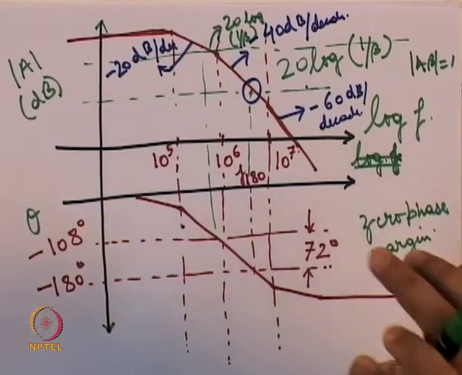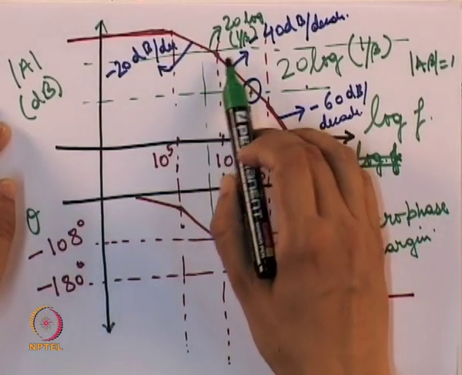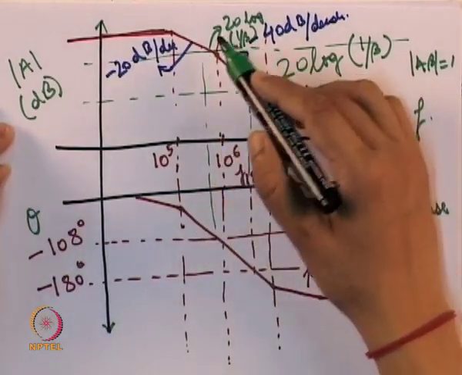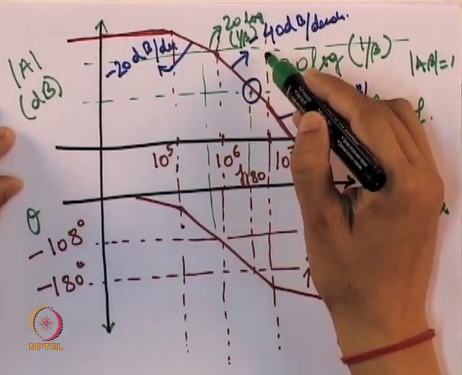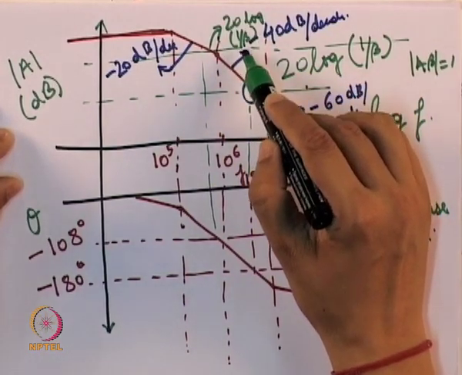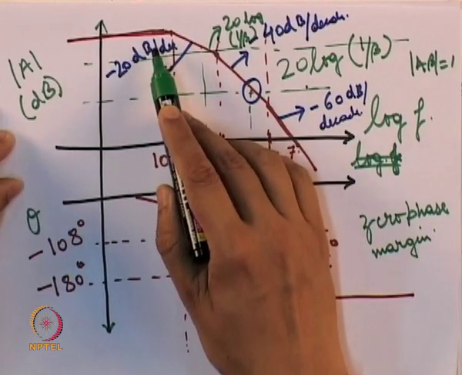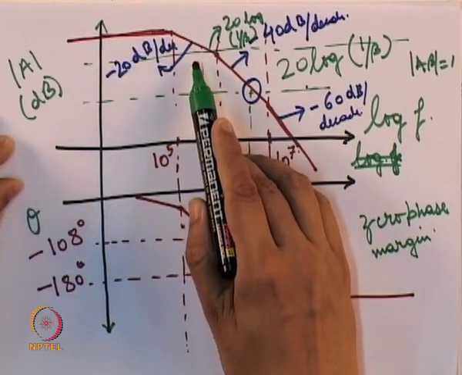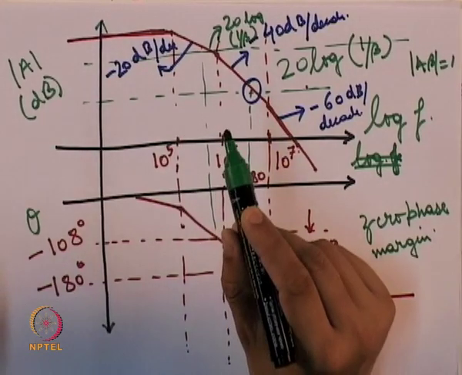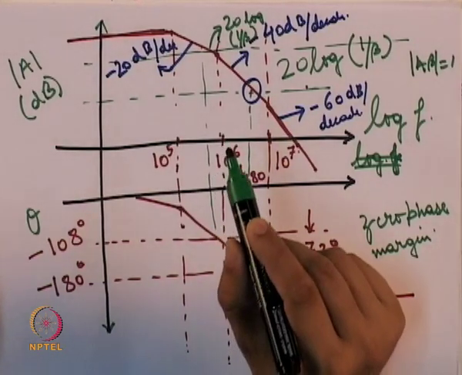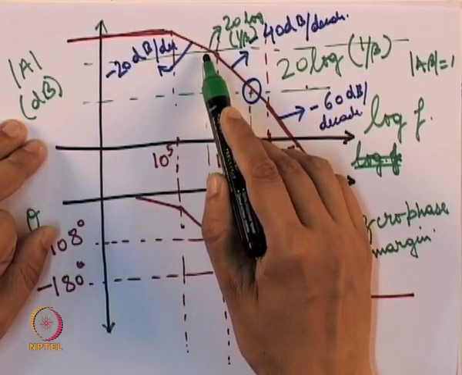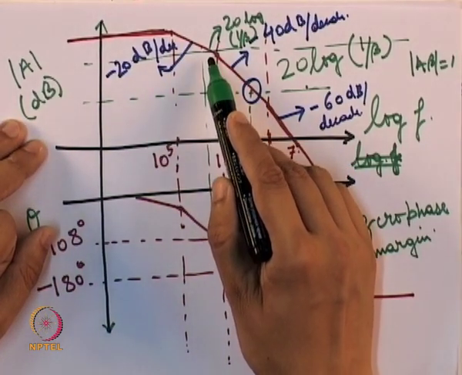Once again I will repeat, if we ensure that in a negative feedback system the contribution of the feedback network, this 20 log of 1 upon beta line, passes through the minus 20 dB per decade region, then the closed loop system, this minus 20 dB region, mind you, is that of the open loop transfer function.